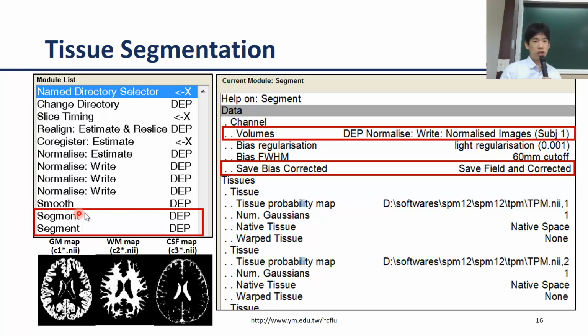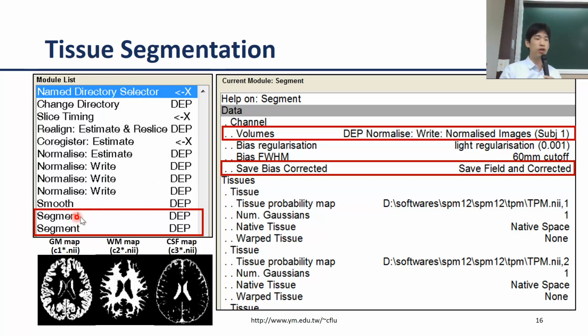So what you need to set up, if you click the segment module right here, the very first thing is definitely the input file. While we have two segments right here, the very first one is for the anatomical imaging. We definitely want to acquire the tissue probability map based on the high resolution T1 weighted imaging, or high resolution anatomical image right here.